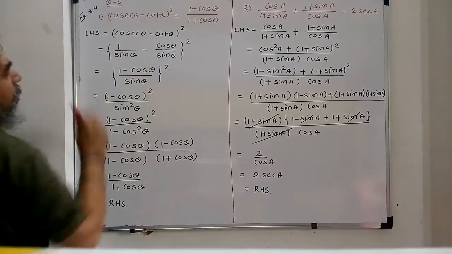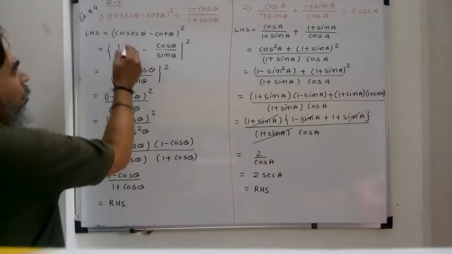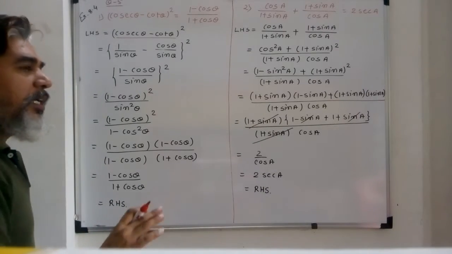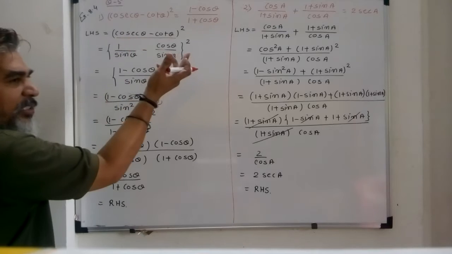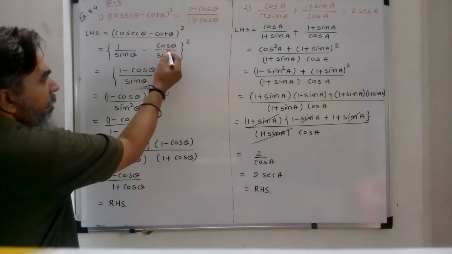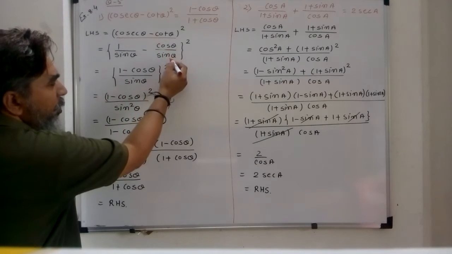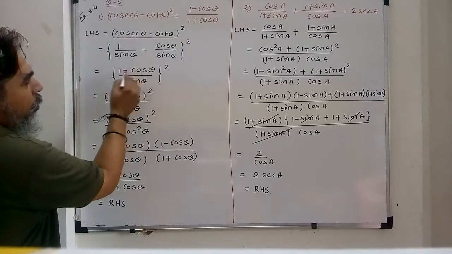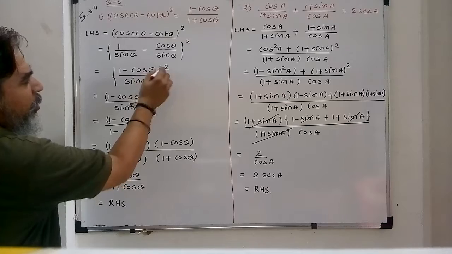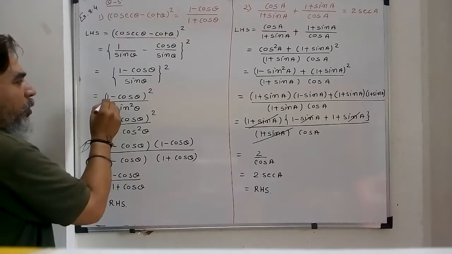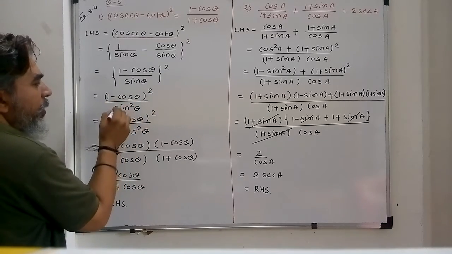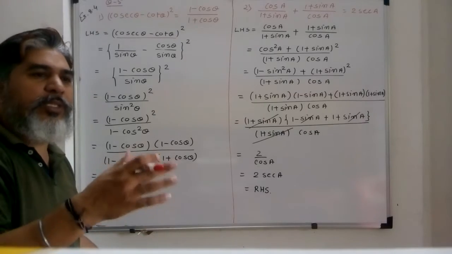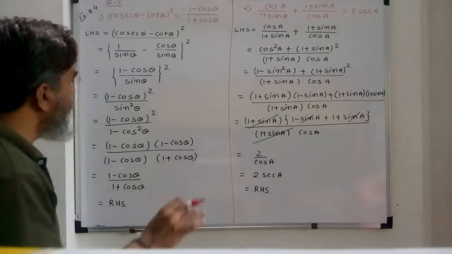Cosec theta is written as 1 upon sin theta because it is the reciprocal, and cot theta is written as cos upon sin, and its whole square. The LCM is sin, so (1 minus cos upon sin) whole square. So (1 minus cos theta) whole square upon sin square theta, because (a upon b) whole square is a square upon b square.